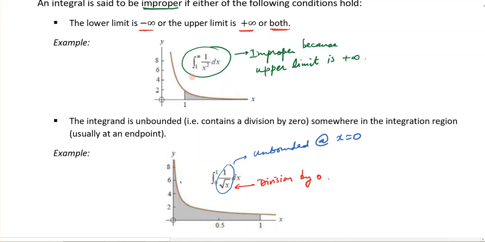If any of the limits of integration is infinity, negative infinity, or positive infinity, we say the integral is improper. Or the other condition is, you might have finite limits, but the integrand might become undefined or become unbounded at some point in the integration region.